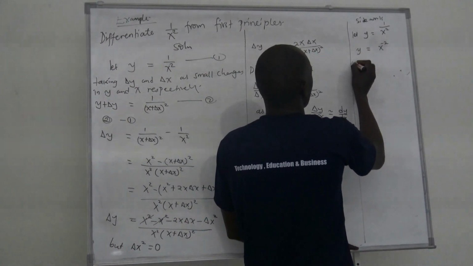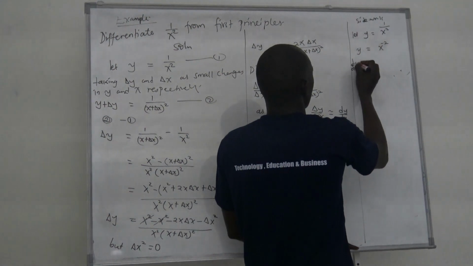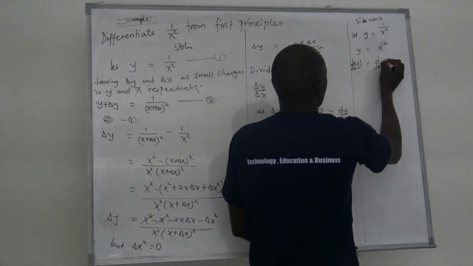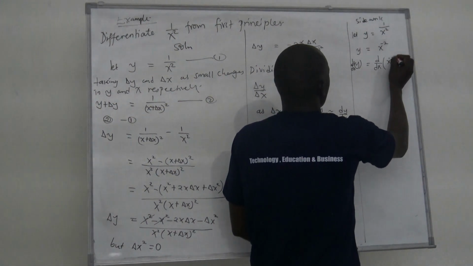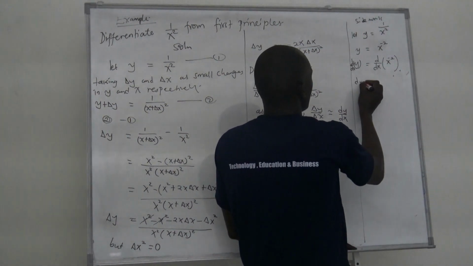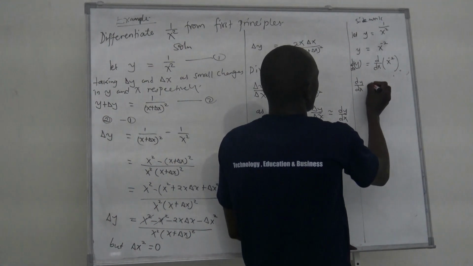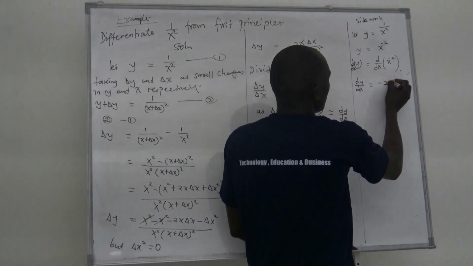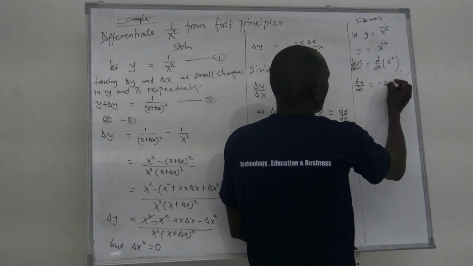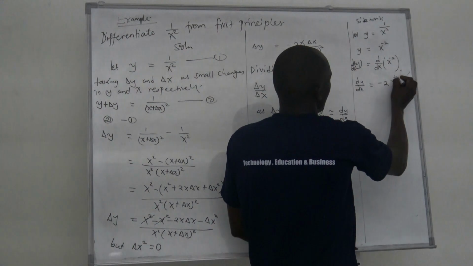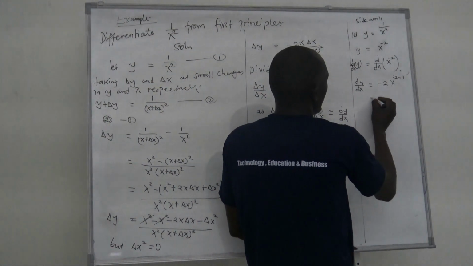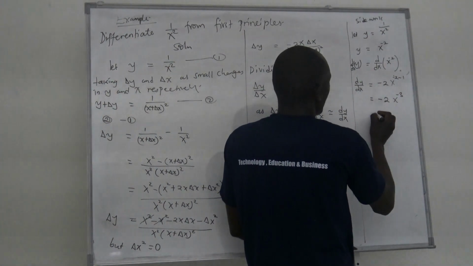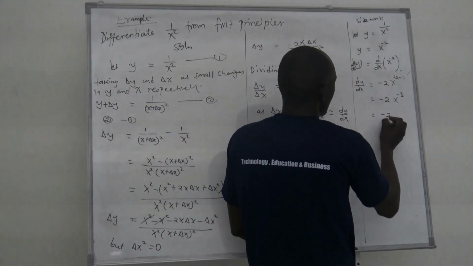We are looking at d/dx of y, which is equal to d/dx of x to the negative 2. So what do you get? dy/dx is equal to negative 2, x to the power of negative 2 minus 1, which becomes negative 2 x to the power negative 3, which becomes negative 2 over x cubed.